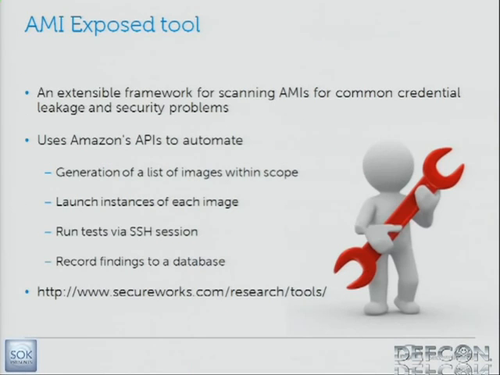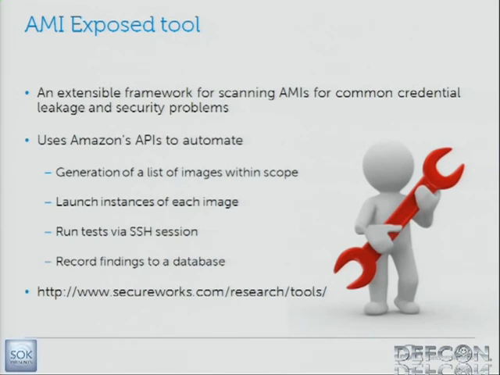And then we also developed a tool that we're releasing to perform large-scale scans of images within the cloud. The name of the tool is AMI Exposed. It's a pun on AMI and asking a question, and the tool seeks to find the answer.